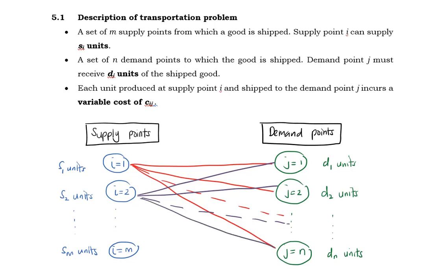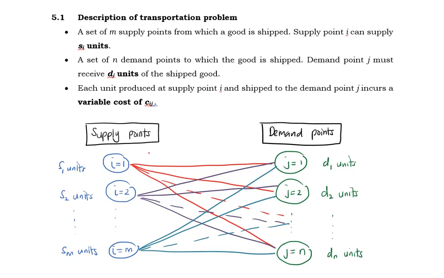The second supply point also delivers goods to the first demand point, to the second demand point, to the j-th demand point, and also to the n-th demand point. The same process applies to the m-th supply point: it supplies goods to the first demand point, to the second, to the j-th, and to the n-th demand point. And this process involves cost.